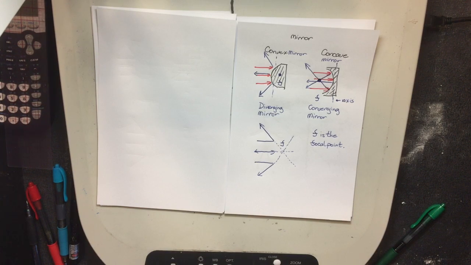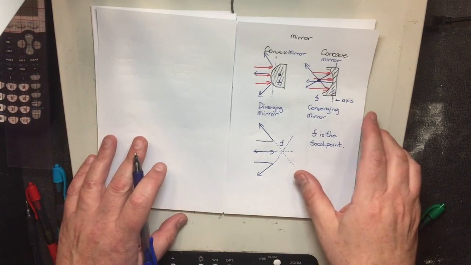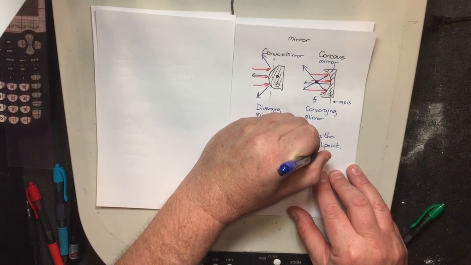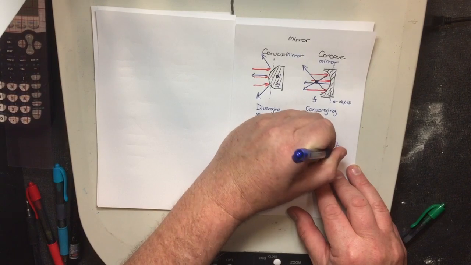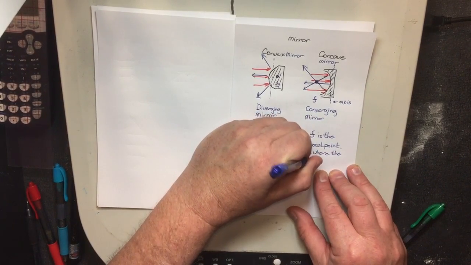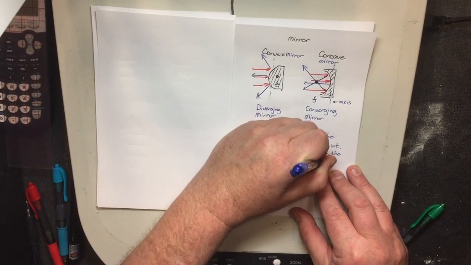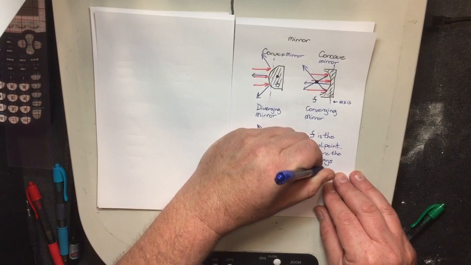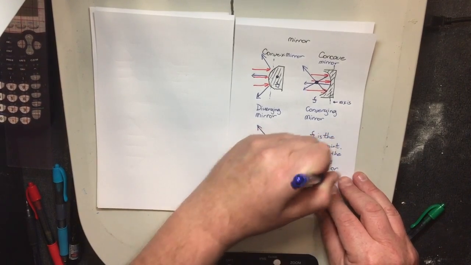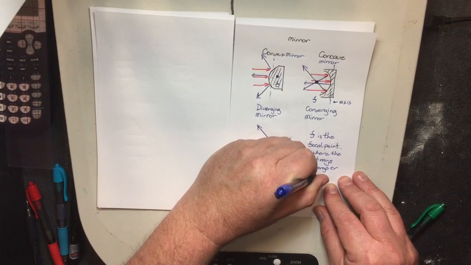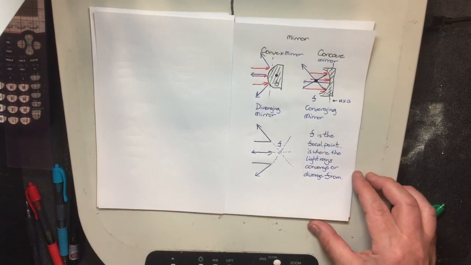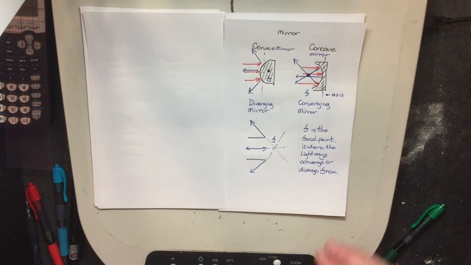What the focal point is? Okay, we're gonna get to all of that. The focal point is where the light rays converge.